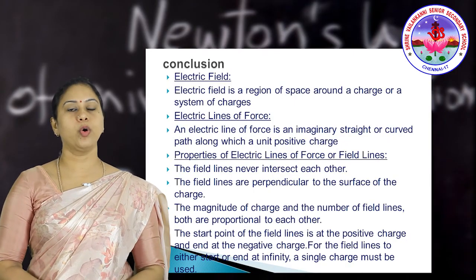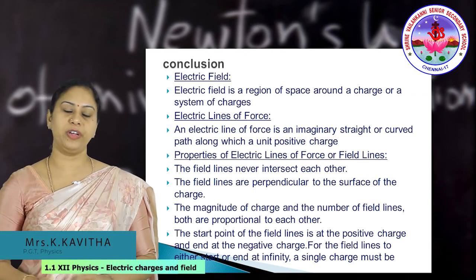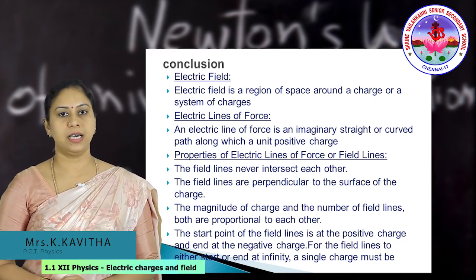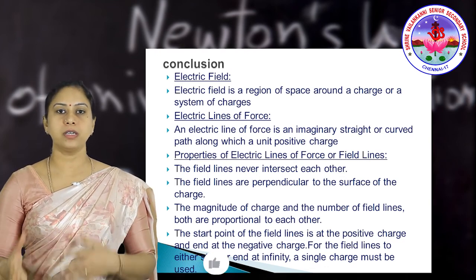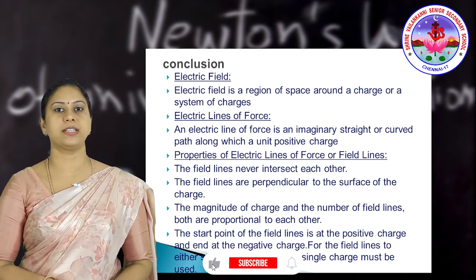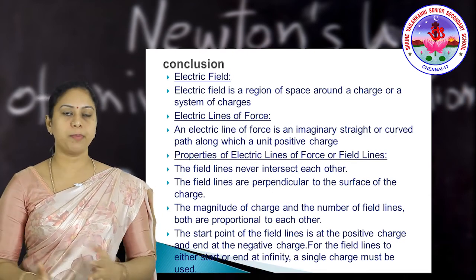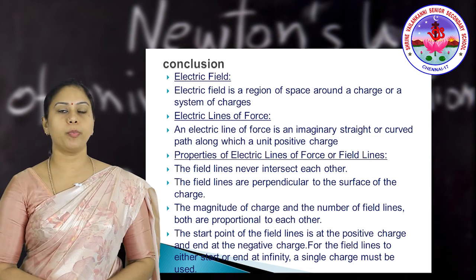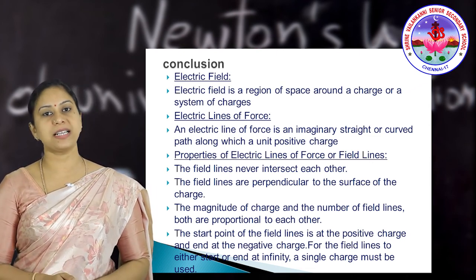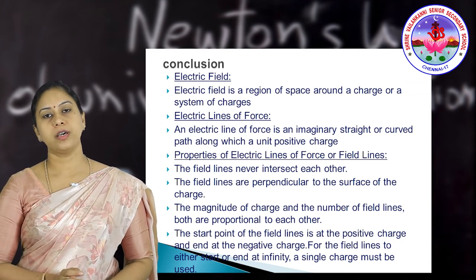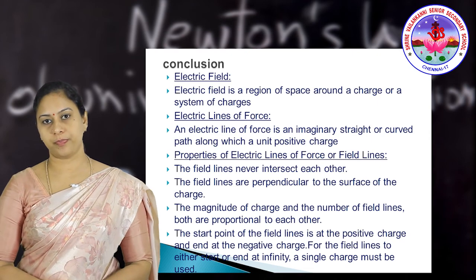Yes, let us recall the video. Now, we have seen electric field. What is electric field? It is the region of space around the charges and the system of charges, we can say. Electric field lines are imaginary lines. So, what are the properties of electric field lines? If you want to recall, you can pause the video, see the video again and conclude it.